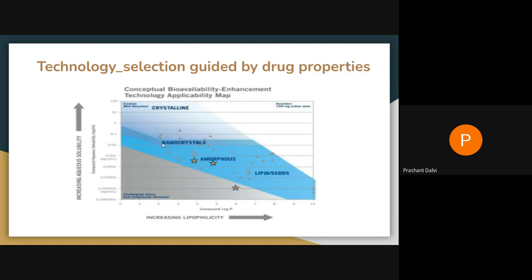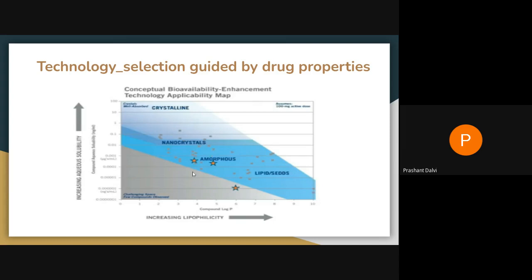if it is formulated into nanocrystals, or nanostructures as you can also say. If your compound has poor water solubility, then you need to convert it into amorphous form, and then formulate the dosage form for targeted action.